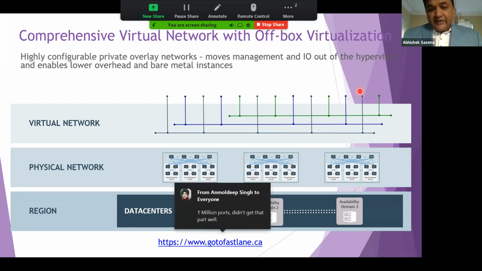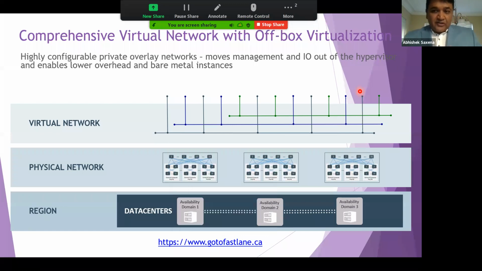You are seeing the bottom layer, that is the region. Inside the region, there are 3 data centers. On top of that, we have created the physical network, meaning these are actual servers. We call them bare metal servers, when nothing is installed on the server.